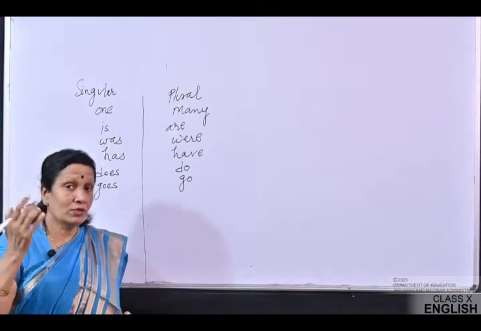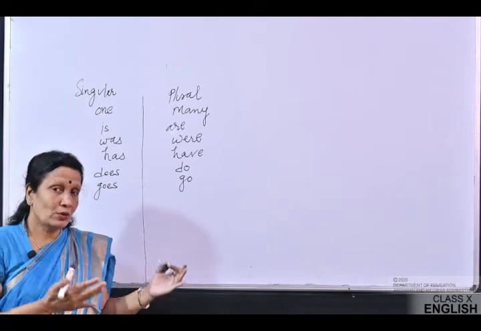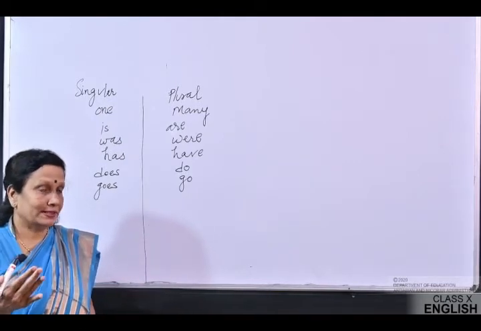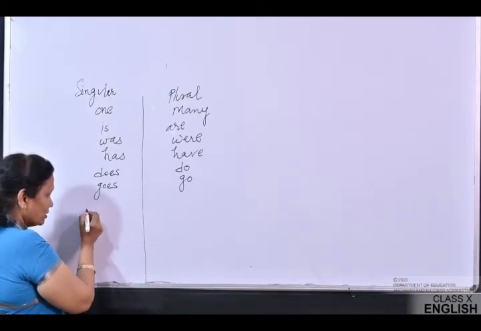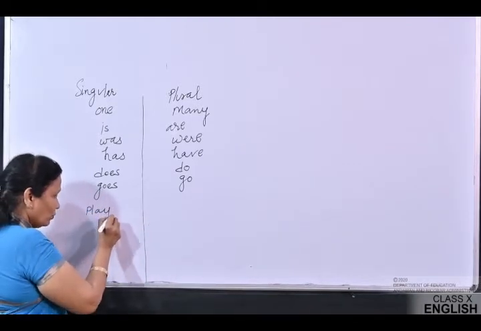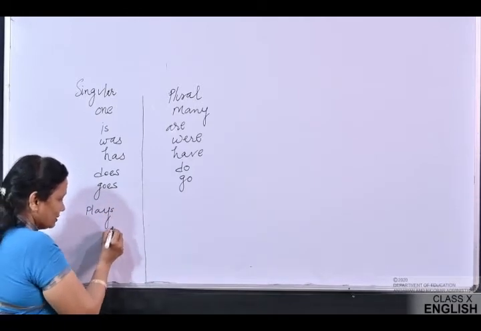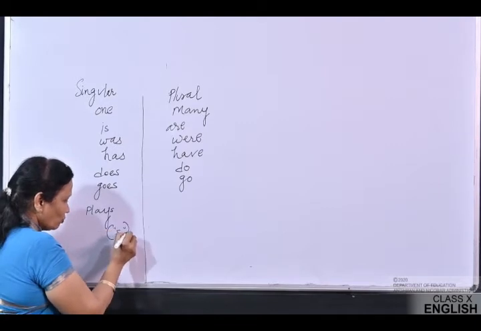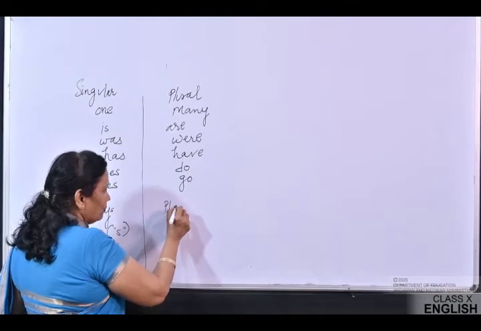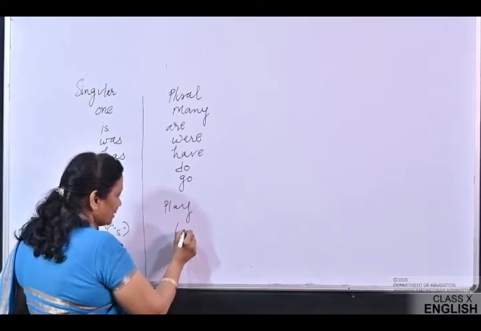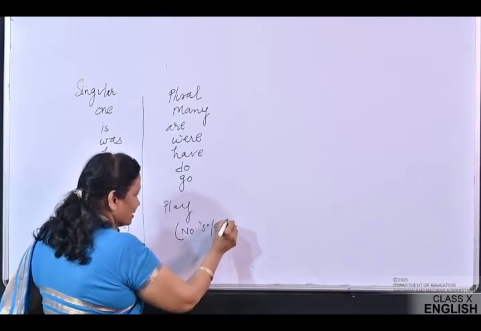Then when we looked at the table, where we even looked at the singular and plural verbs with different tenses, there we saw, for example, if we look at the verb play, for singular you have plays. That means for singular you have the S form. In plural there is no S or ES.